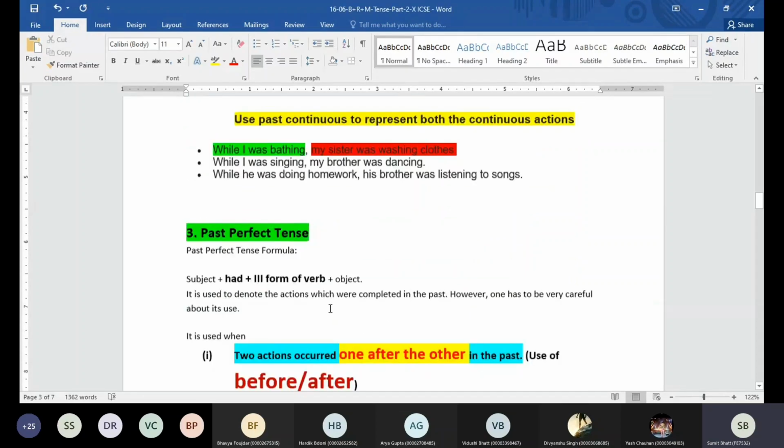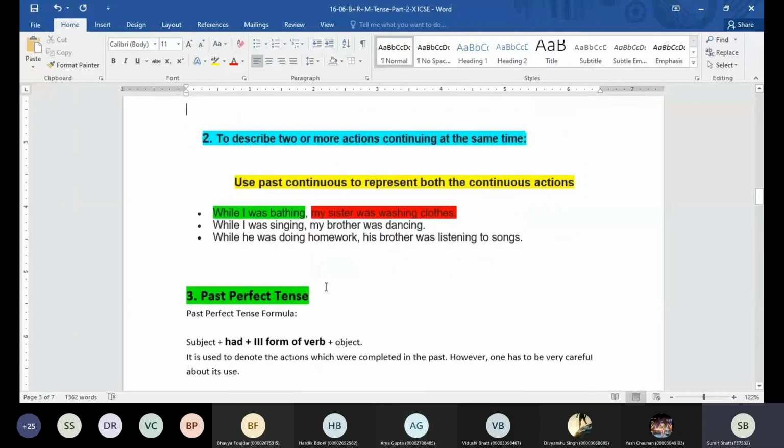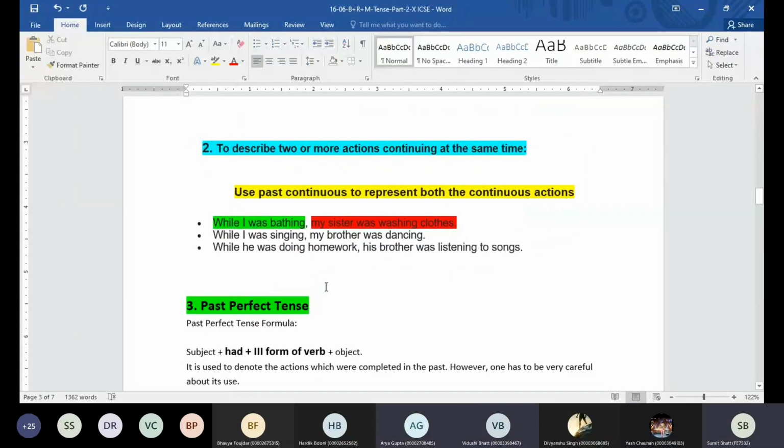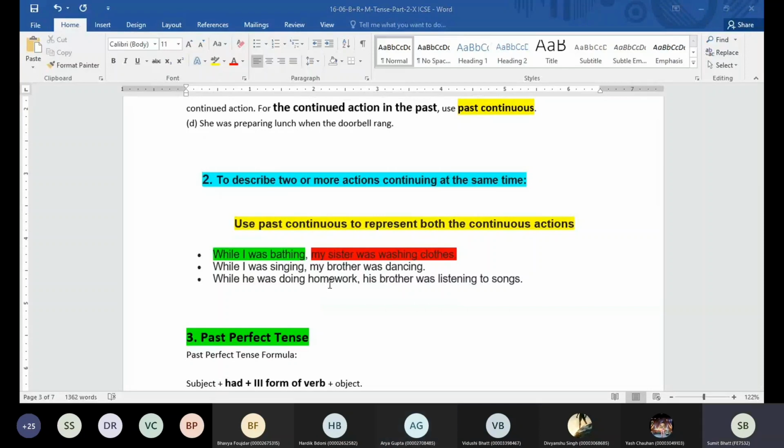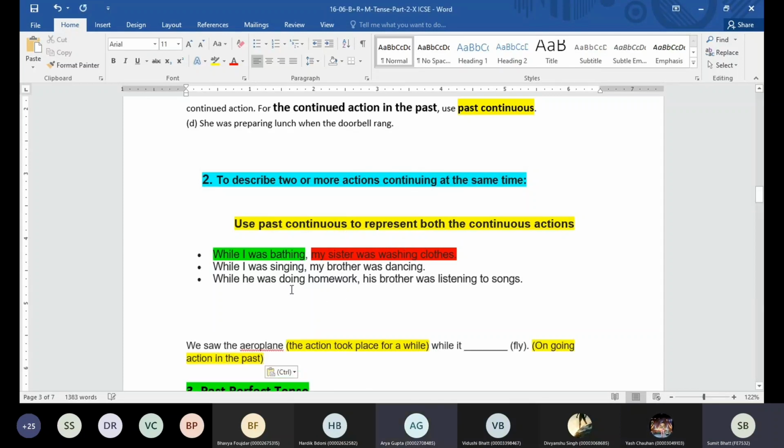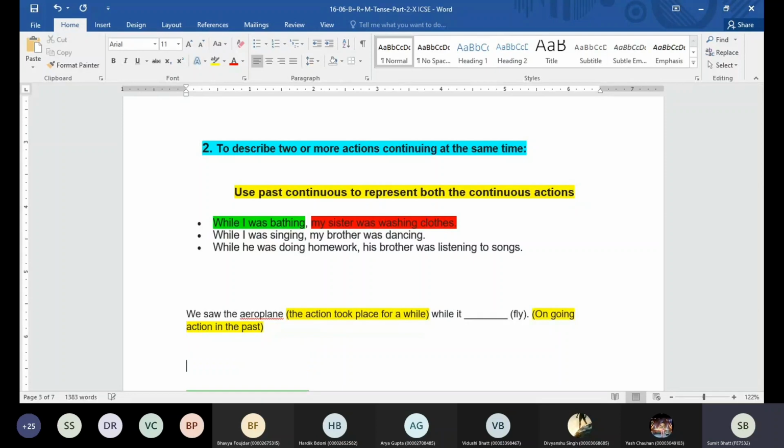Any doubt in here? Anyone? No, sir. Okay, if you have some exercise based on it, can we use the tense properly? Yes. Suppose we have a sentence: while we saw the airplane, dash, while it dash fly.